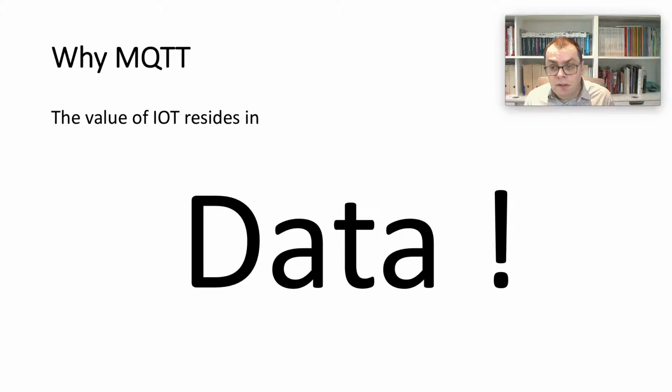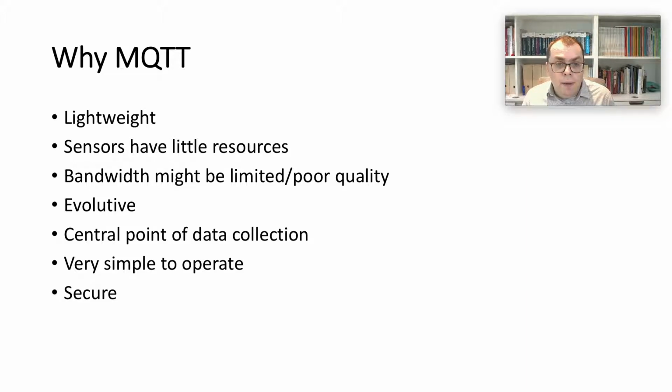This is why we created MQTT, and we needed something lightweight and really fast. Keep in mind the sensors have little resources, and this is usually very cheap equipment, typically $5 to $15, and in some situations even less.